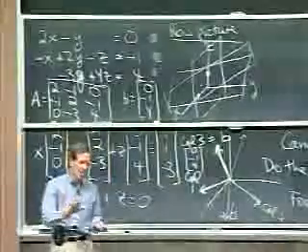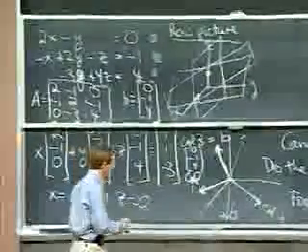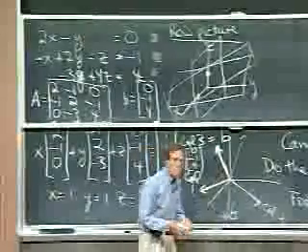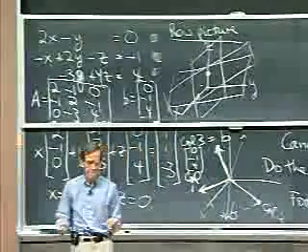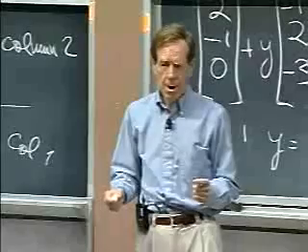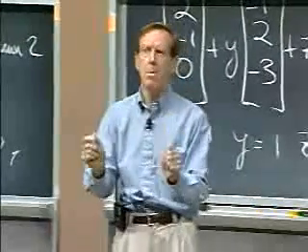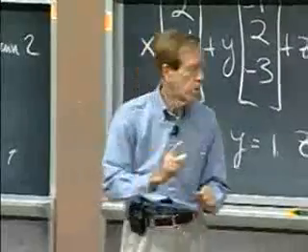Let me say when it goes wrong. If these 3 columns all lie in the same plane, then their combinations will lie in that same plane. So then we're in trouble.